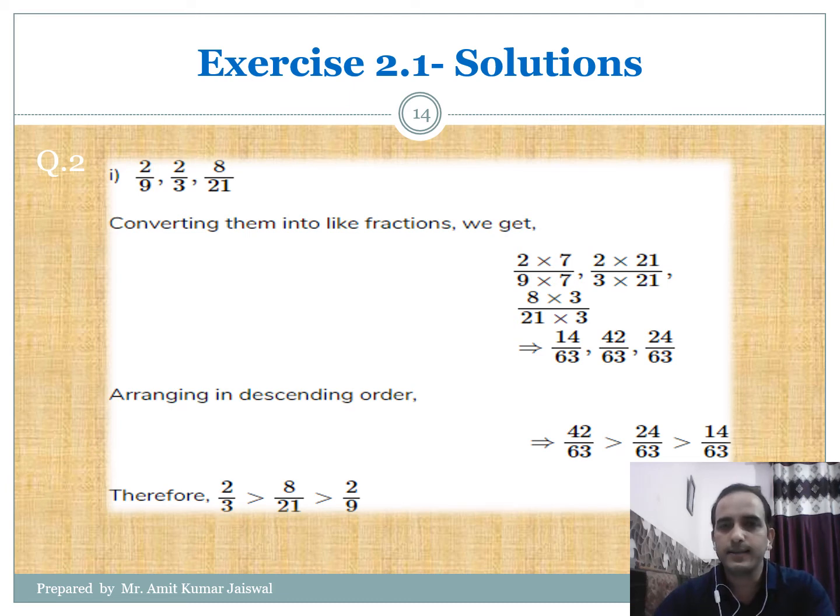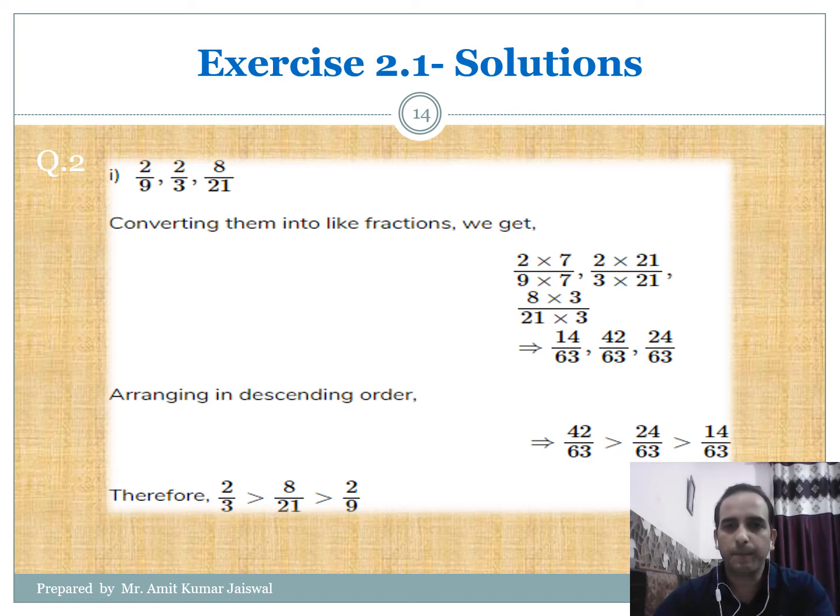Now we can easily compare when the denominators are the same. So 14 upon 63, 42 upon 63, and 24 upon 63. The numerator with the largest value is 42. So 42 upon 63 is larger than 24 upon 63, and then 14 upon 63. Now we can convert them into their reduced, simplest form.